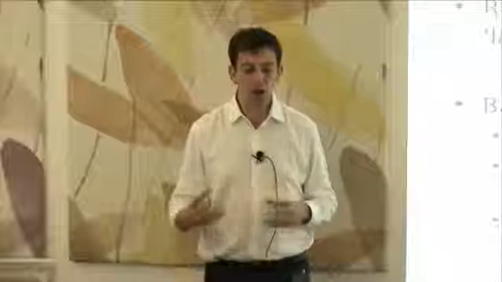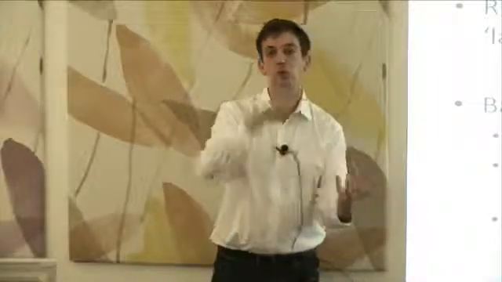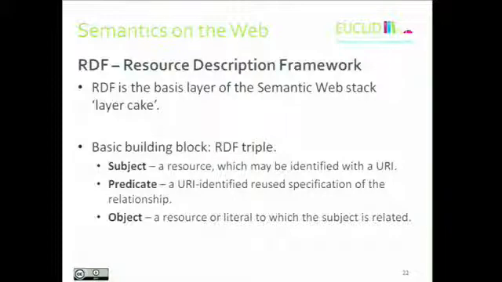Okay? But unlike on the web, where we just have a hyperlink from one document to another, in RDF, we have a link from one resource to another that has specified what the relationship is. And we call that specification a predicate. Okay? Now, in general, it can be that all three parts of this relationship we specify using URIs.